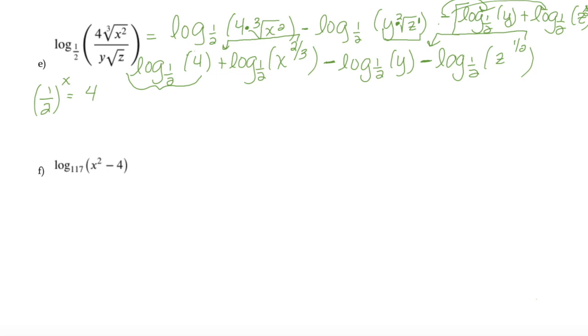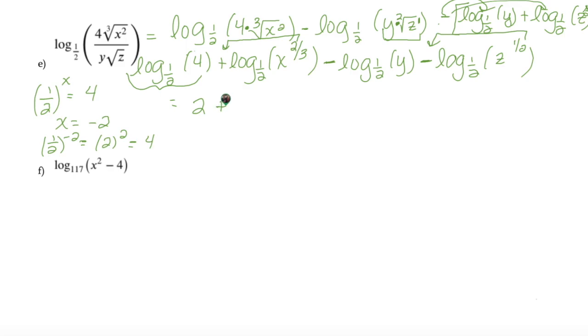Well, I know that I need a negative to bring that 2 up front, and then 2 squared would give me 4. So the exponent has to be -2, because the -2 would invert this to positive 2 squared, and positive 2 squared we know is 4. Therefore, log base half of 4 is -2.